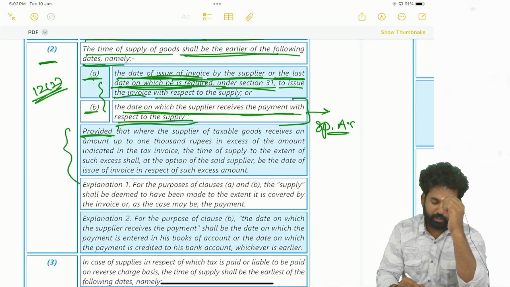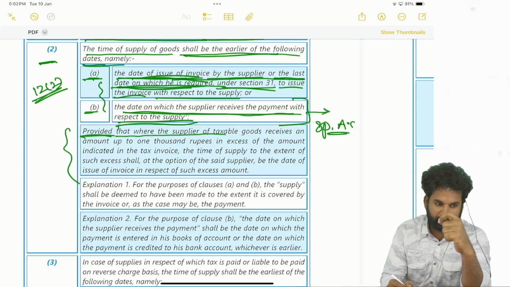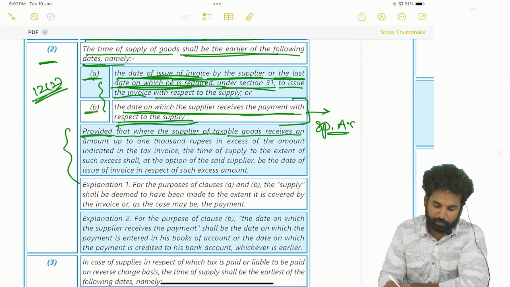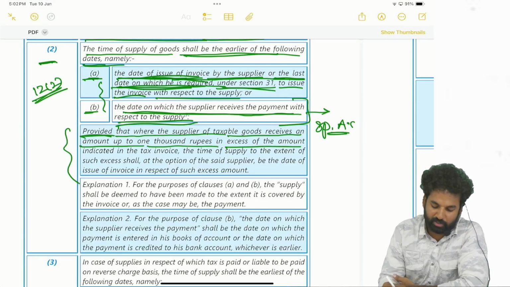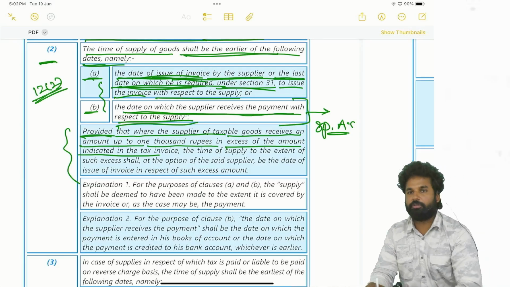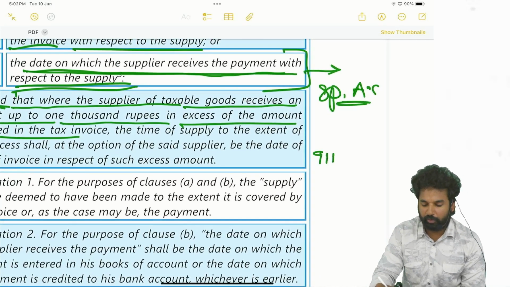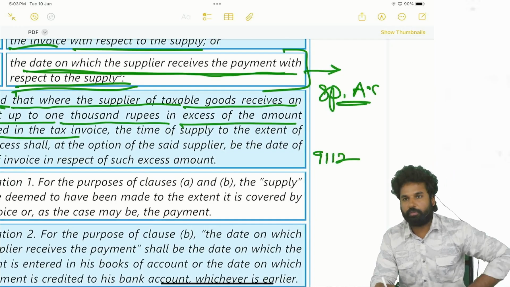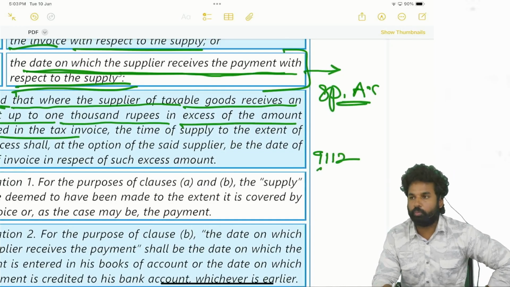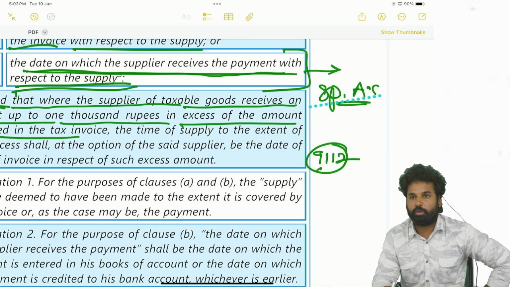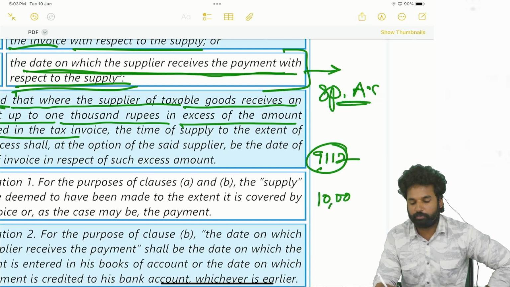The proviso tells that where the supplier of the taxable goods receives an amount of up to 1,000 rupees in excess of the amount indicated in the tax invoice. Say we have indicated 9,112 rupees, that is the invoice amount, and we have received 10,000.